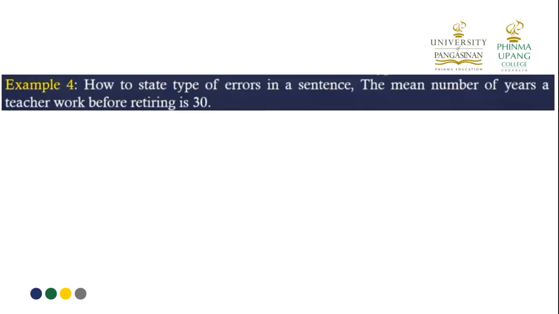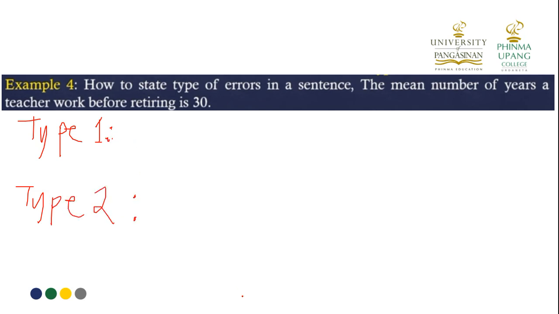Dito muna tayo. How to state this one? The mean number of years teachers work before retiring is 30. So, paano mo siya gagawing type 1? Paano mo siya gagawing type 2?